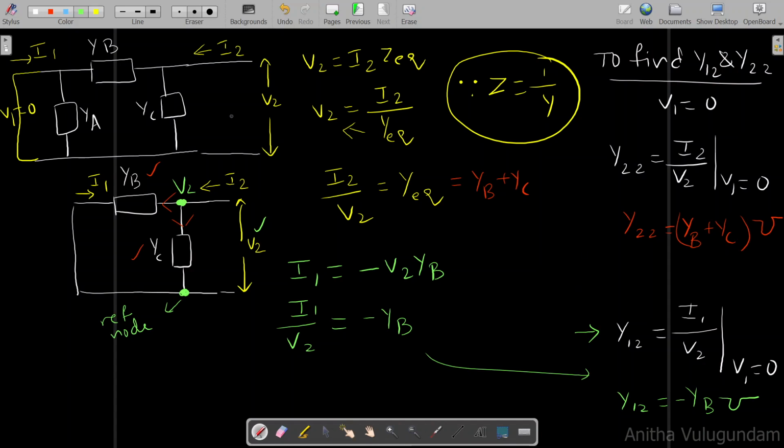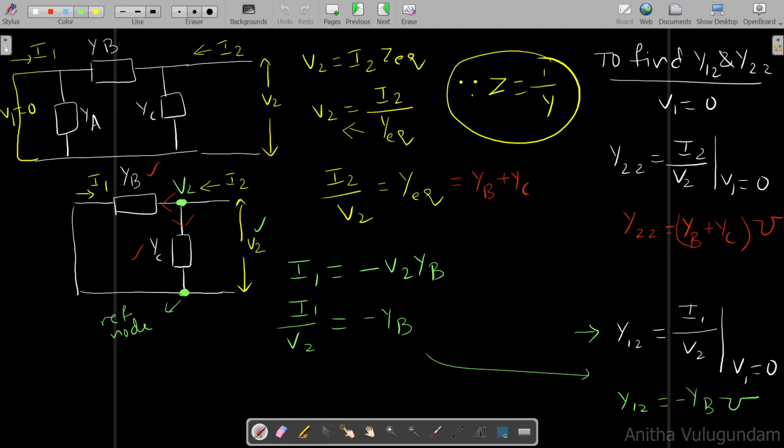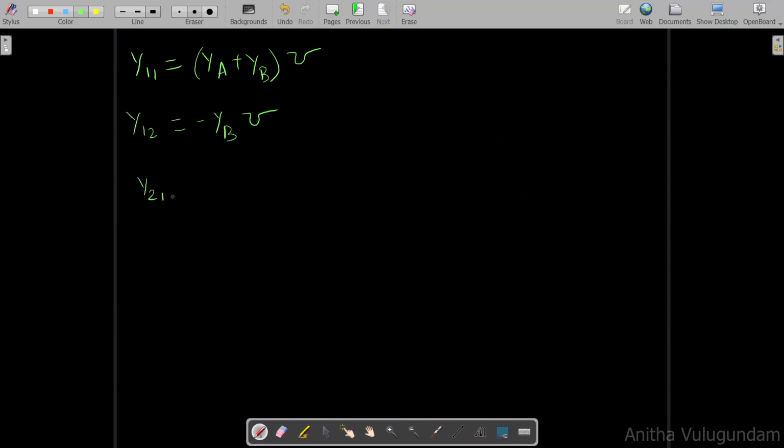So we have got all four values. Let us write all the four values here. Y11 equal to YA plus YB mho, Y12 equal to minus YB mho, Y21 equal to minus YB mho, and Y22 equal to YB plus YC.